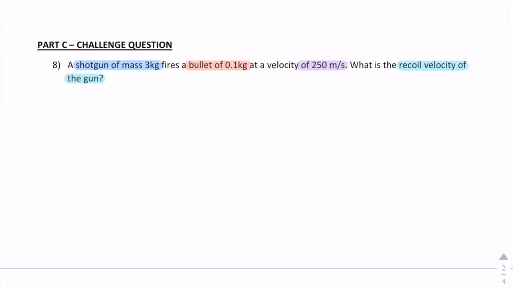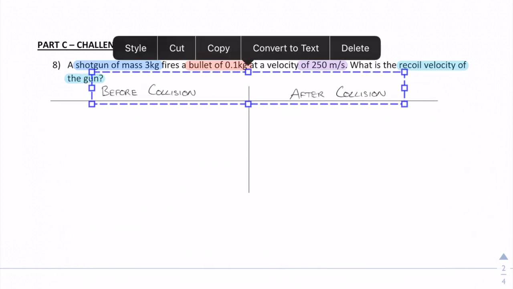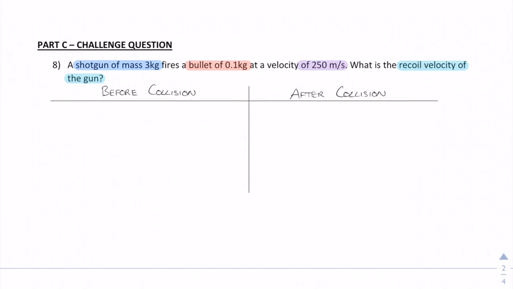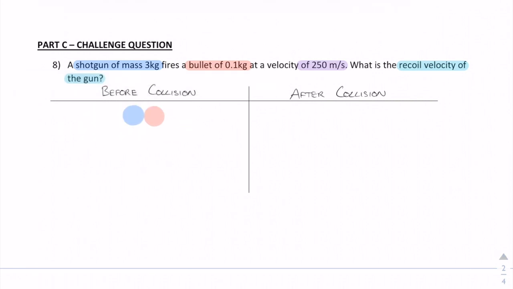So, as with all questions, let's pull up our table. So our initial, before collision, we can have body A and body B together. Let's label that body A and body B together.